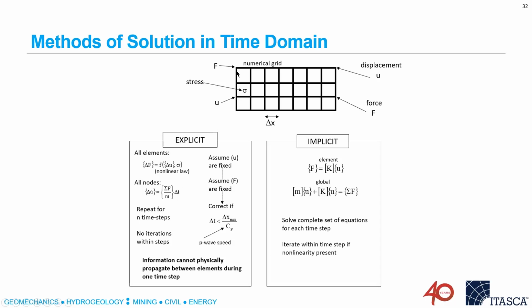And we assemble all those forces divided by the mass associated with each node to calculate the displacement through Newton's second law of motion. And you repeat this for as many cycles as required to achieve equilibrium or to demonstrate instability.